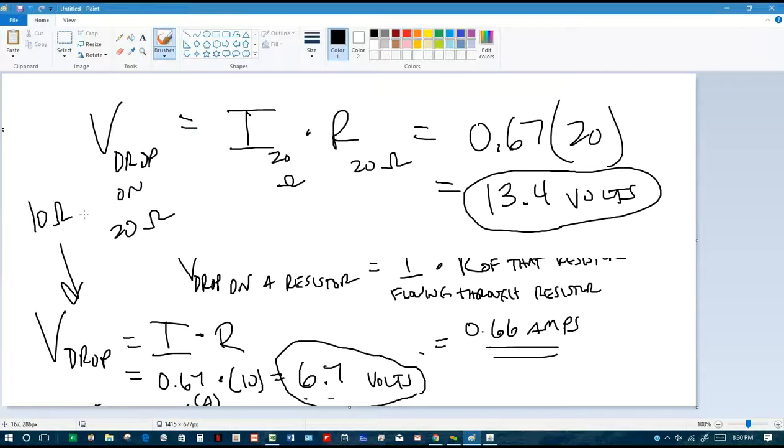By what factor was the voltage drop greater on the 20 ohm resistor compared to the 10 ohm resistor? Meaning, how many times bigger is 13? Give me an exact number, though. What do you have to multiply 6.7 by to get the number 13.4?